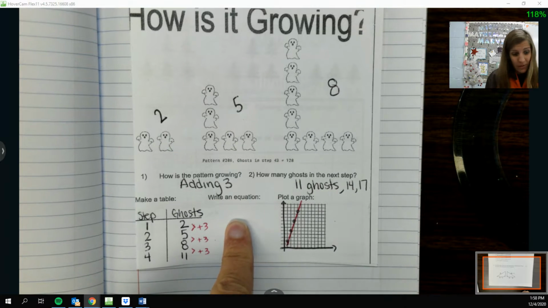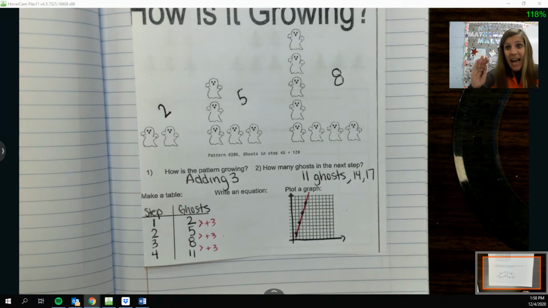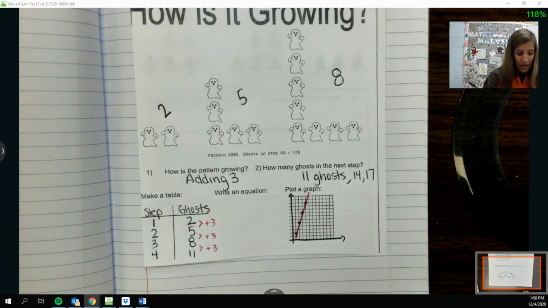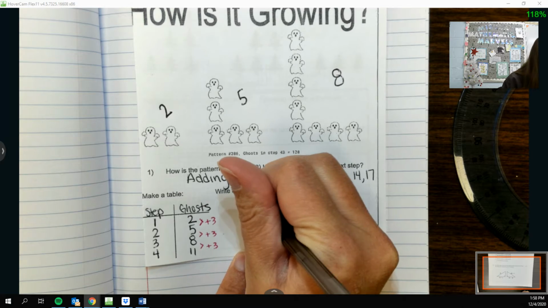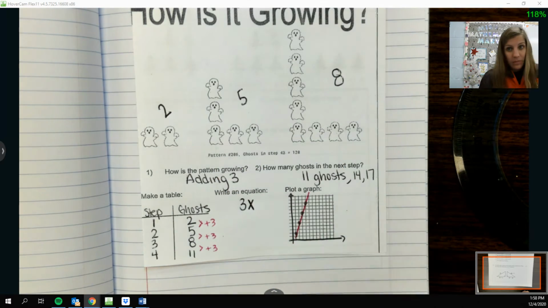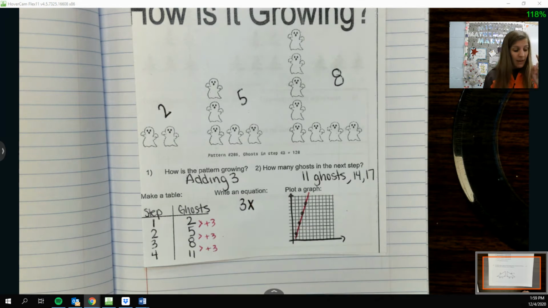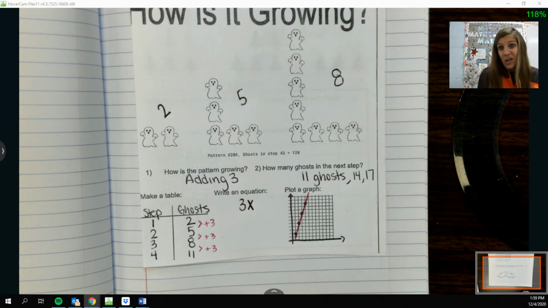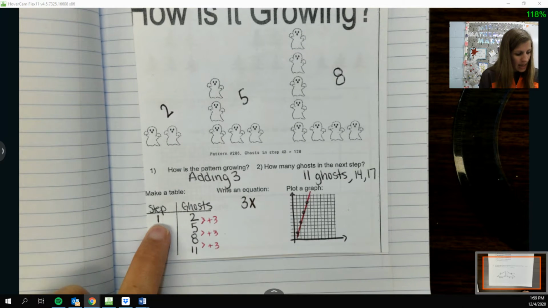We want to do the shortcut for that, which is multiplication. So since I'm adding 3 over and over and over again, that means I really want to do 3 times something, like whatever the step is. So if I think about it, if I do 3 times the step right now, I don't think it works out. 3 times 1 is 3.